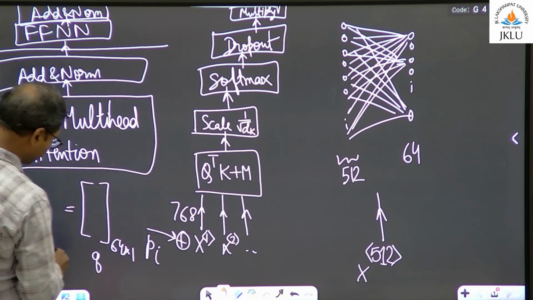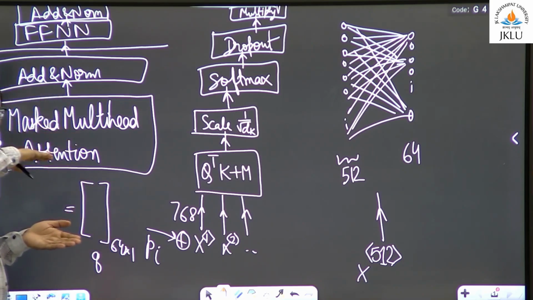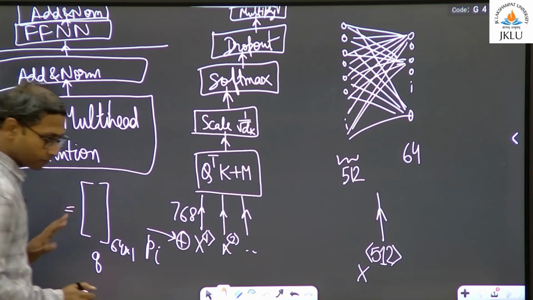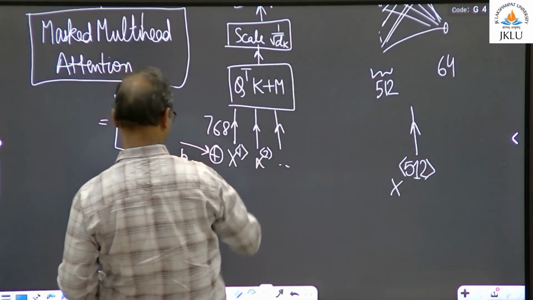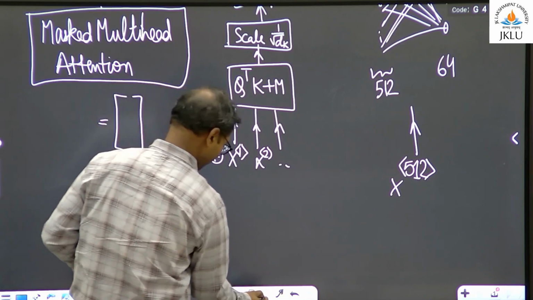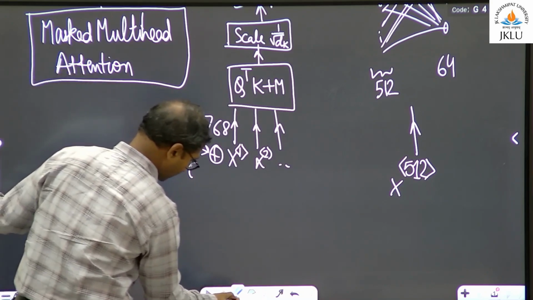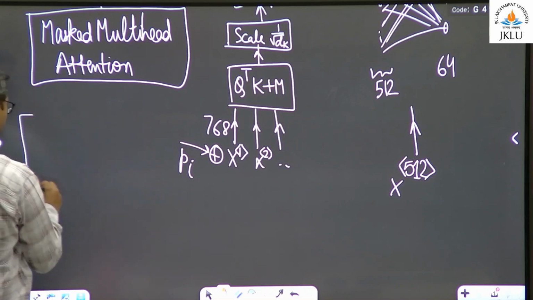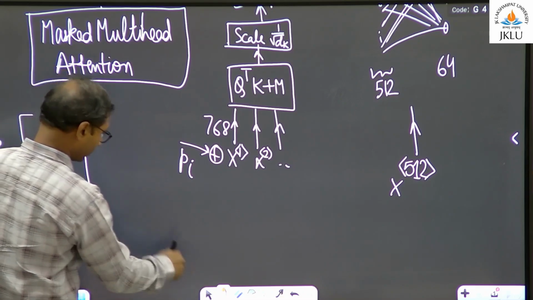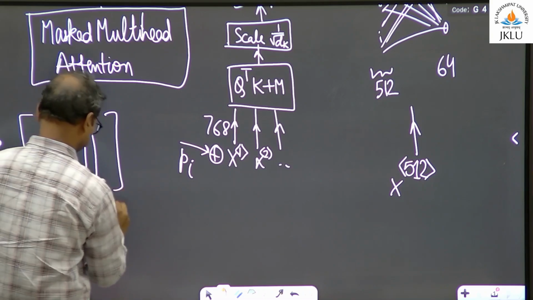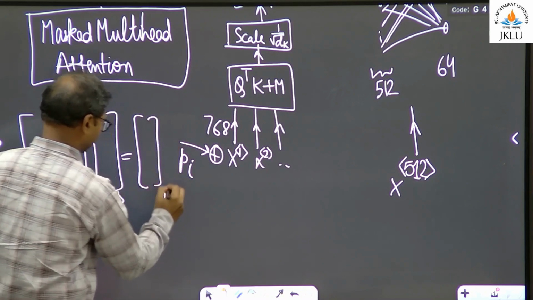Let's say this is my WQ, which I am going to multiply with XI, and I am going to get a query vector.